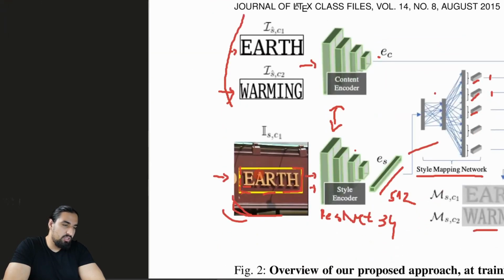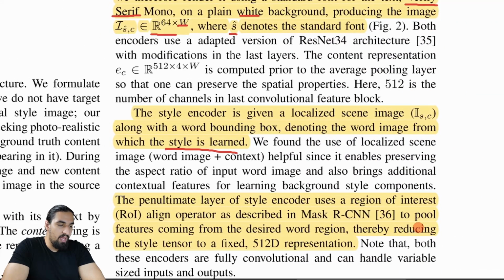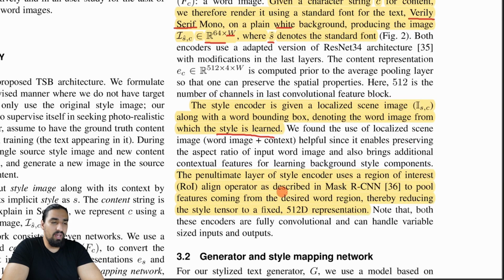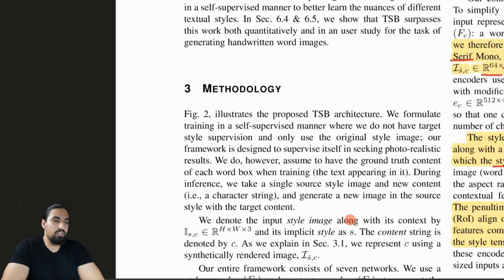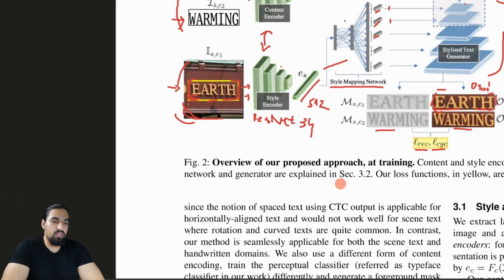This is the word image, and they're actually including additional context so that it can better model the background, etc. The penultimate layer of the style encoder uses a region of interest align operator as described in Mask RCNN to pool features coming from the desired word region, thereby reducing the style tensor to a fixed 512-dimensional representation. That's the part I explained here: because they have the bounding box, this yellow thing, they can use that information to pool over these feature maps to get this final style vector.